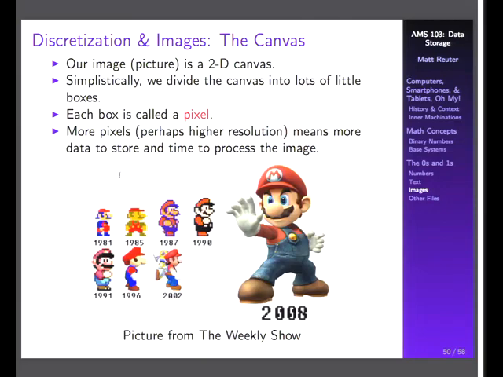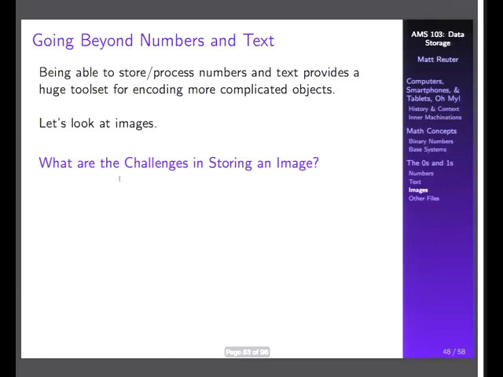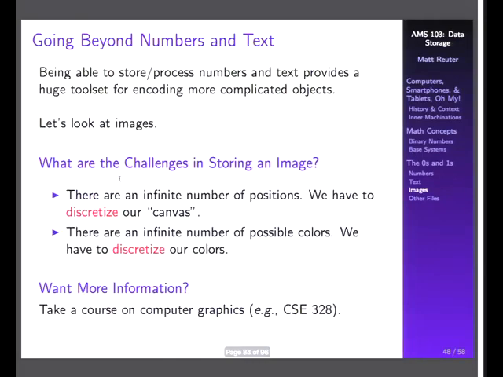Where we left off last time was the idea of looking at images. We saw that there are a couple of challenges when thinking about images that we didn't have when working with numbers or text. In particular, there are lots of things in images that span an entire continuous spectrum.